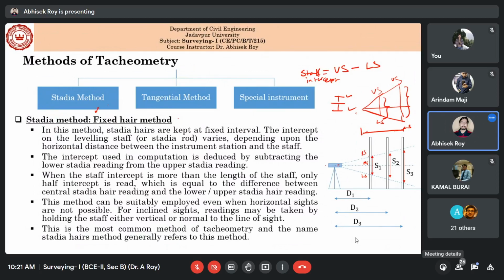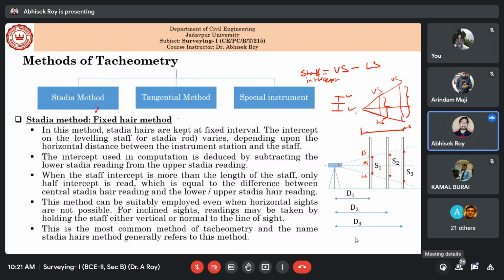So the staff intercept will be much more if the point where you are holding the staff is at a much higher distance. So if your D is higher, your S will also be higher, okay.